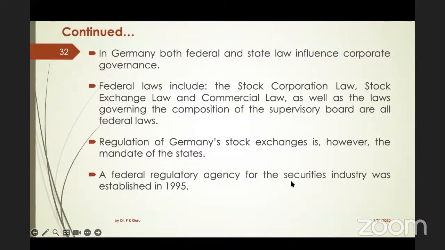A federal regulatory agency for the securities industry was established in 1995. Like we have SEBI, which controls on a central basis. There is a federal agency, federal meaning central agency, which looks into investment and securities. Securities can be anything in industry. So whatever investment somebody is doing, it was in 1995 that a regulatory agency started.